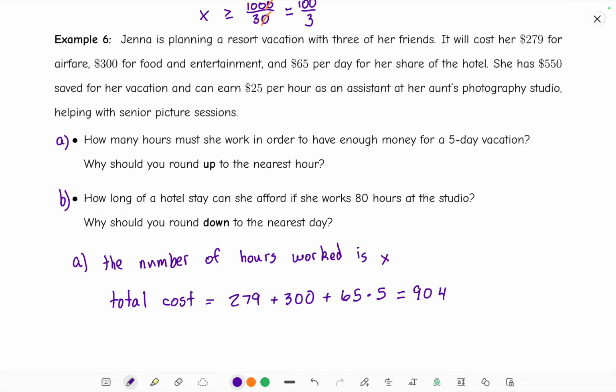So she needs a total of $904. But she already has $550 saved up. So how much more is needed equals 904 minus 550.